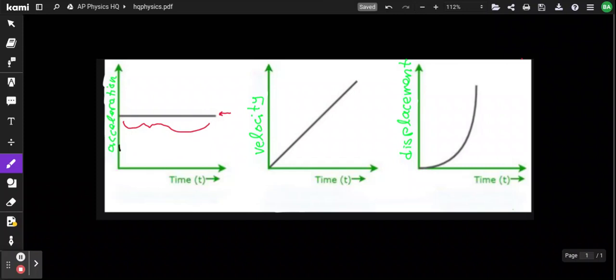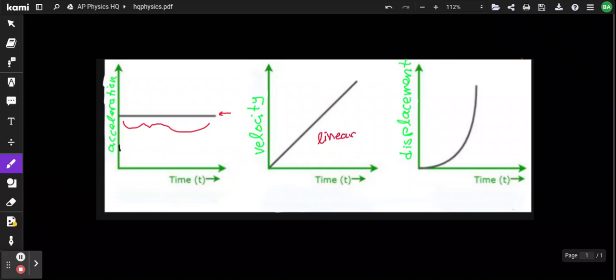And when we have a horizontal line, remember, we're finding the area under our acceleration graph to find velocity. If we have a horizontal line, the integration of this graph, or finding the area, is going to give us a velocity that is linear.